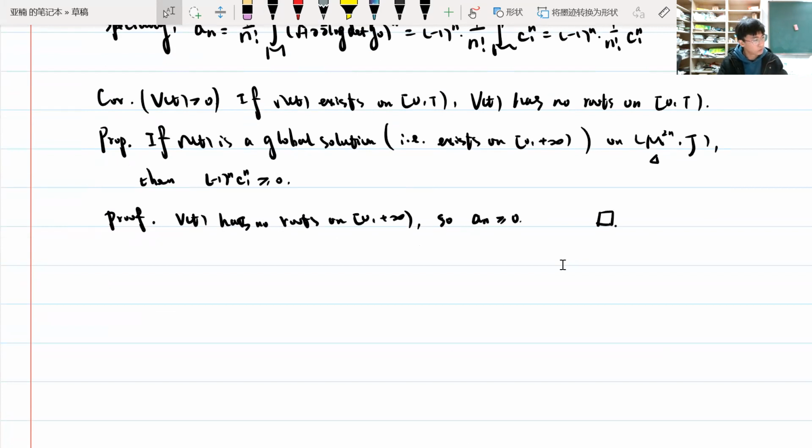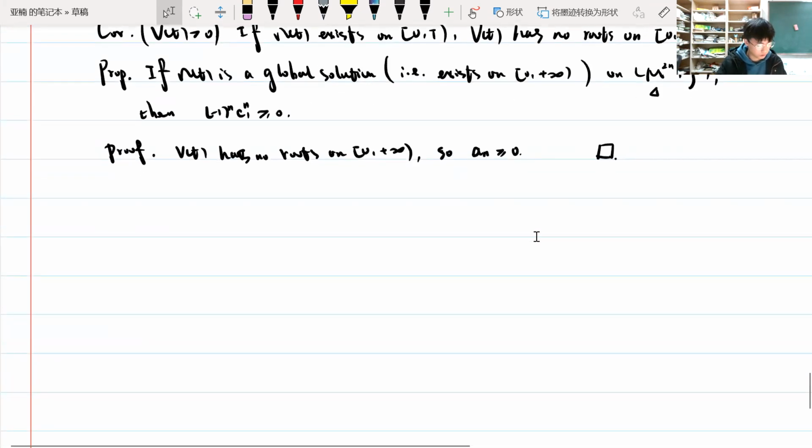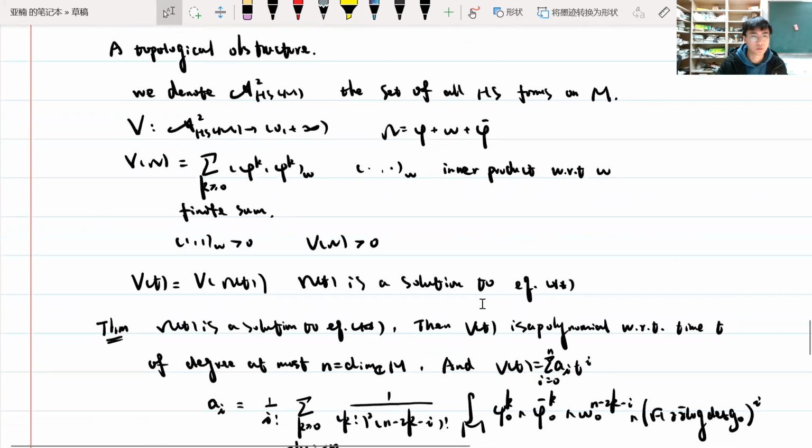And I'd like to skip the complete proof because the computation is boring, and we consider the simple case to find how to prove this theorem.